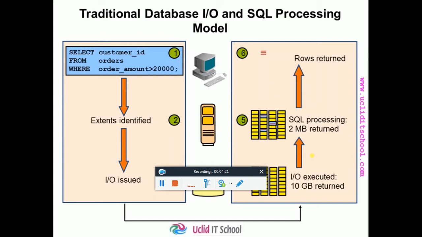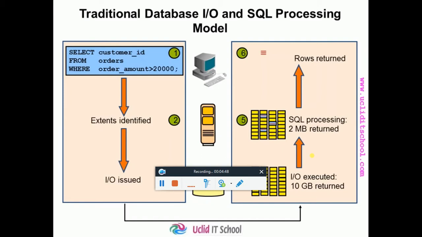And out of 10 GB, after SQL processing, only 2 MB is the matching data. That means the remaining data is discarded by the database server. In this way, you are unnecessarily wasting a lot of system resources, and obviously your I/O performance is poor.